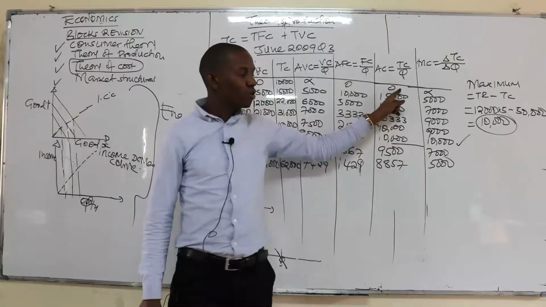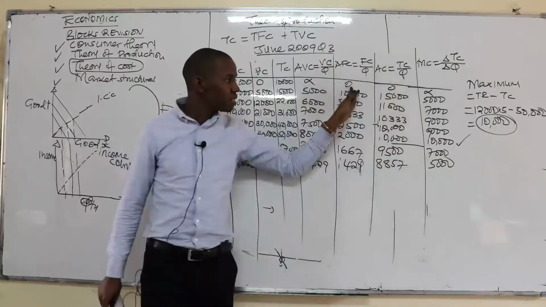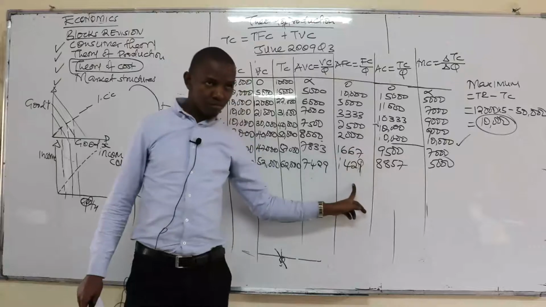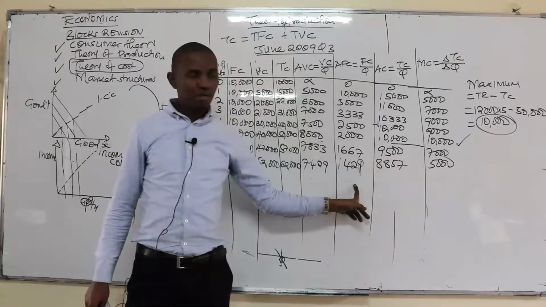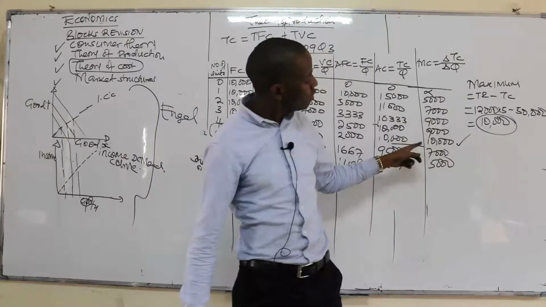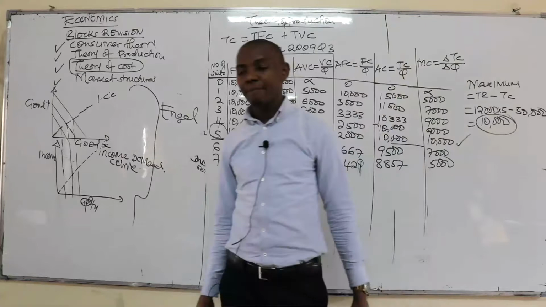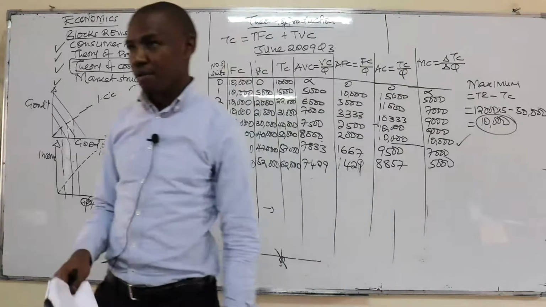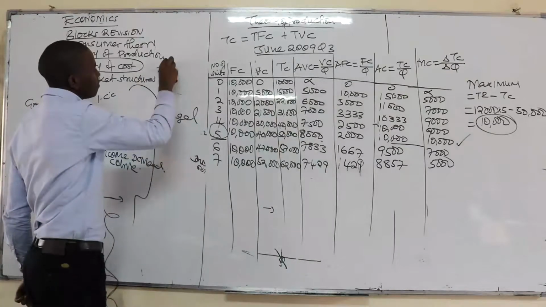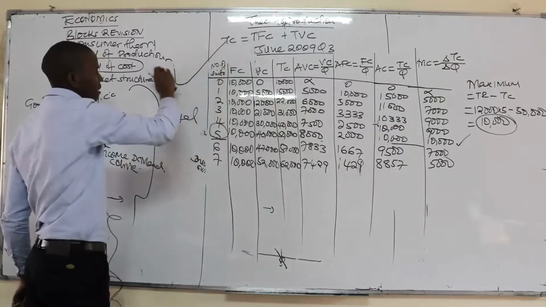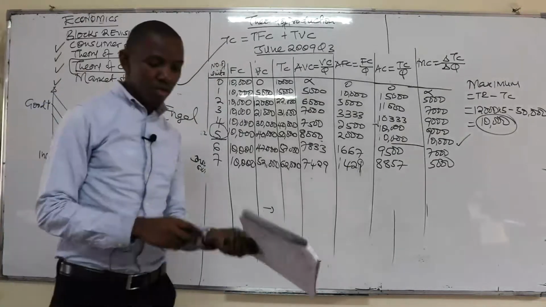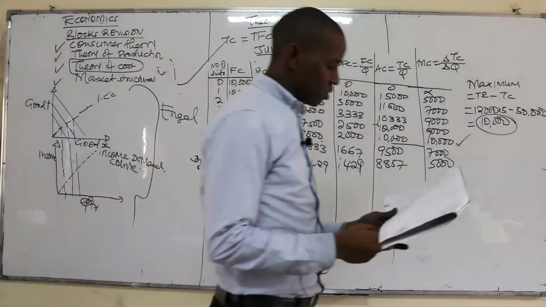The average cost behaves the same way the fixed cost does. Average fixed cost is decreasing. Same case with the marginal cost. When you look, it started small, then rose, then what? It fell. And that's why when you draw it, it looks like this. You have to begin it this way. It started high, fell, then rose. You will get to know the relationship between the two.